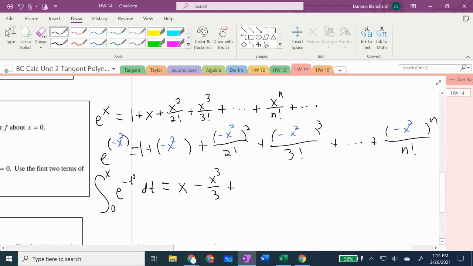I suppose I got rid of my simplified version, didn't I? And so I have 1 over 2 factorial times the integral of x to the 4th, which would be x to the 5th over 5. For this one, the cubed kept the negative sign, and I had x to the 6th. So integrating to get x to the 7th over 7.